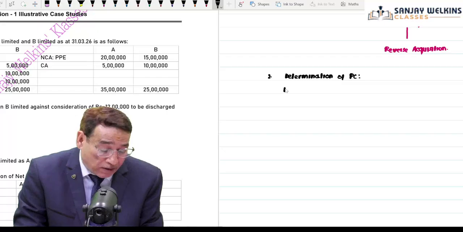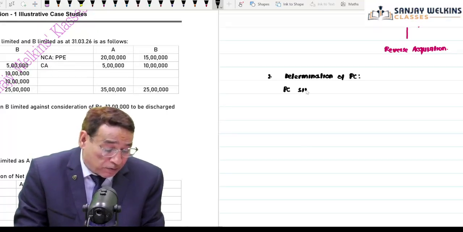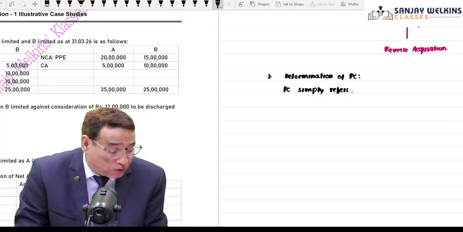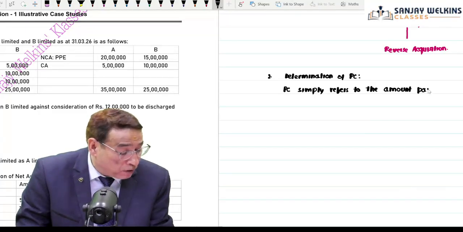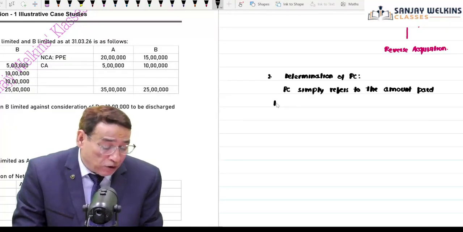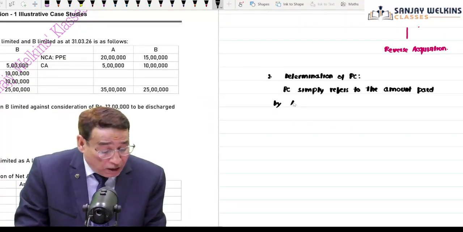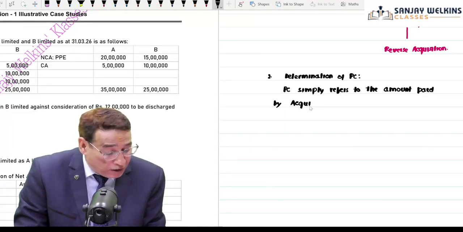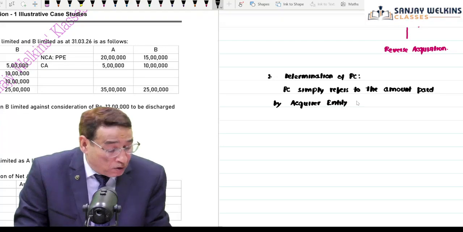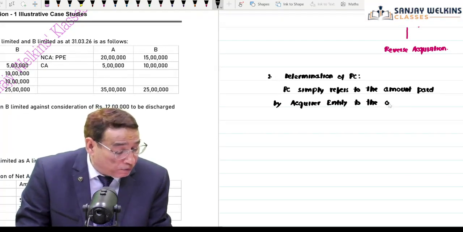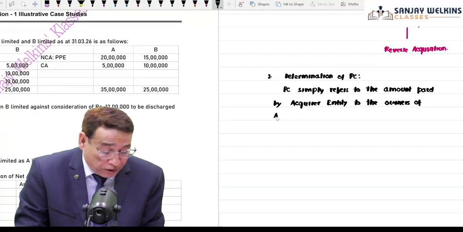PC, purchase consideration, simply refers to the amount paid or payable by the acquirer entity to the owners of the acquiree entity.